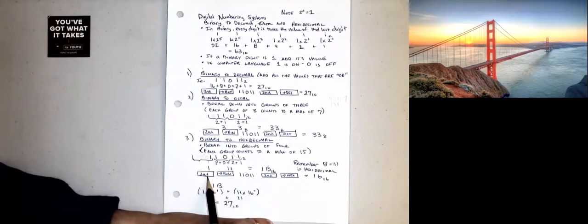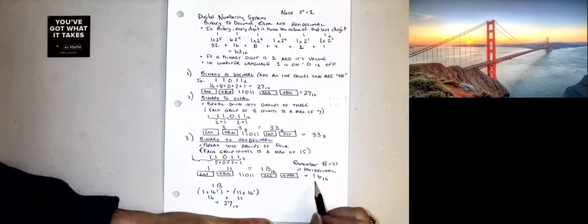I can prove that with a calculator. Second function, go to binary, enter my binary number 11011, second function to hex, and there it spits it out in a weird looking small b instead of a big B. That's just what the calculator gives us. But it's 1B in hexadecimal.